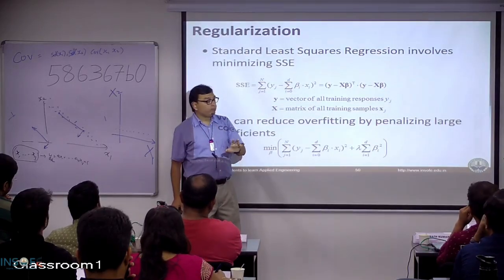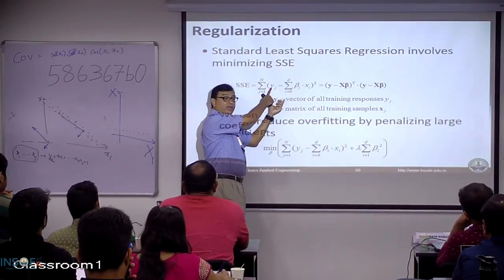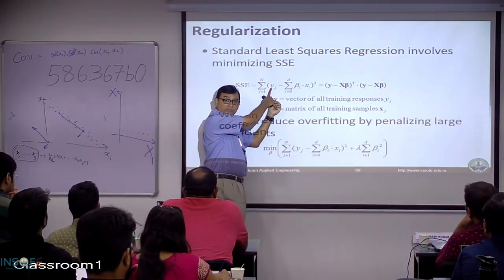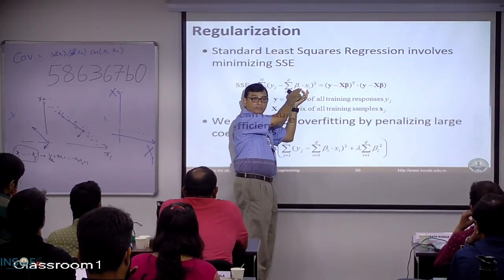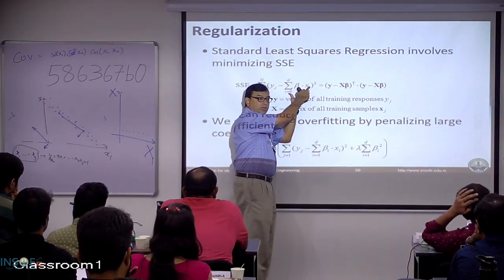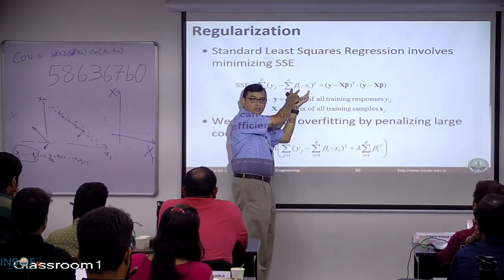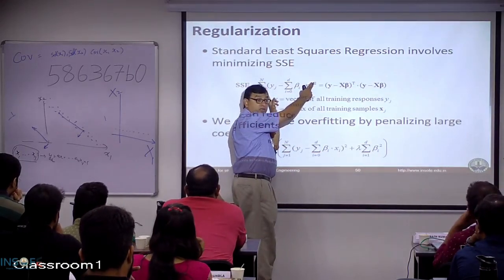Simple linear regression. What did we do? We computed the errors: yi, the actual y points that were given, minus the forecasted yi, which is a summation of coefficients beta times x value, right? That was the simple linear summation. The difference between them, squared.